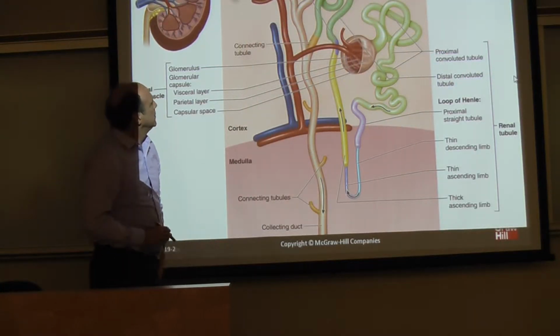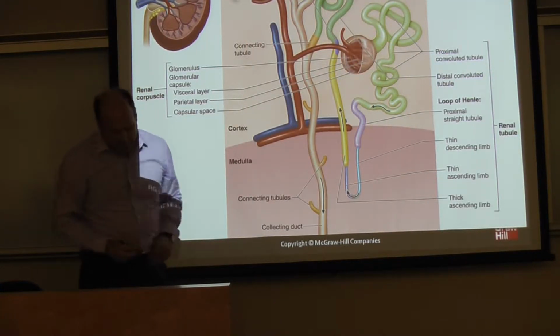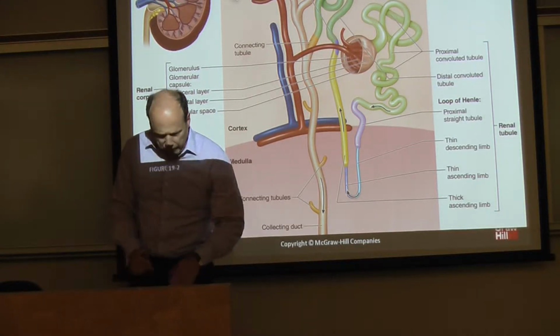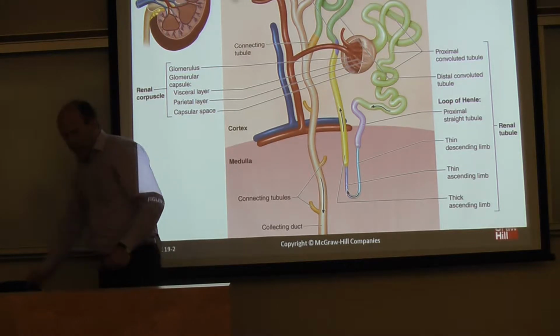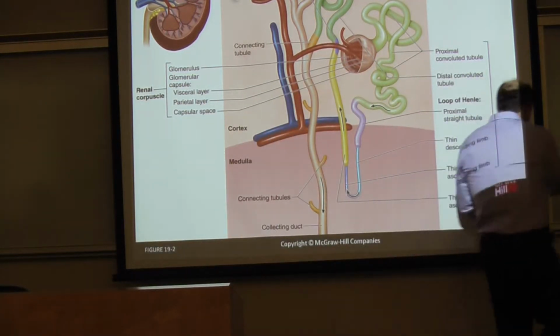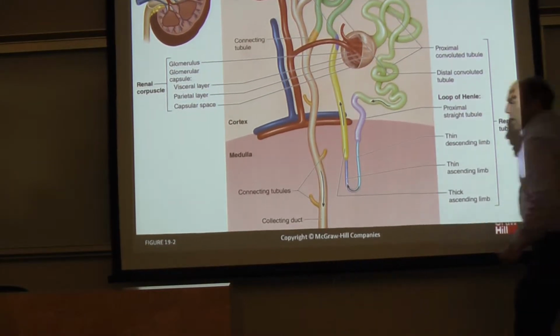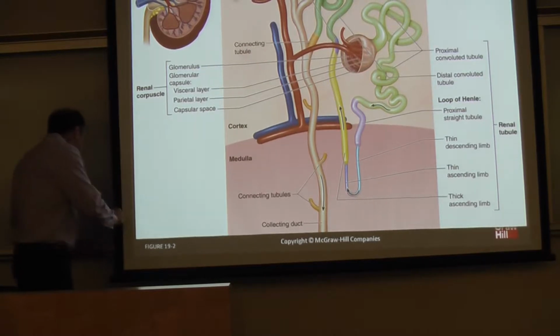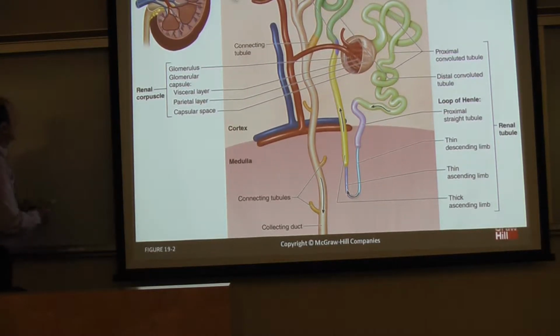Okay, here we go. So this is the basic unit. This is the nephron. And somebody commented to me that it would be good to know what the vocabulary words are that we need. So first thing that I mentioned was renal, so relating to the kidney.